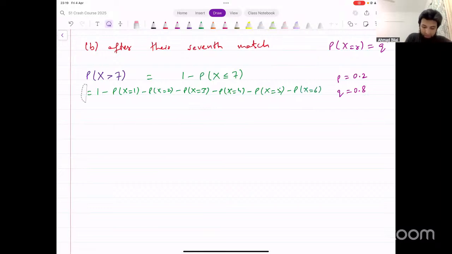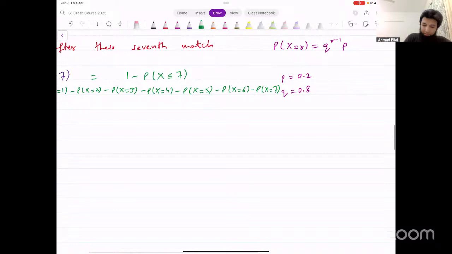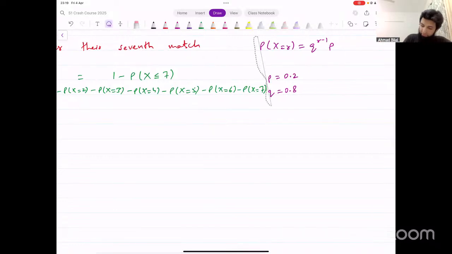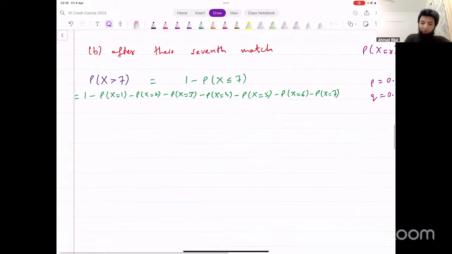You subtract all of these probabilities from 1, and you would get the result. That's one idea. But we can do it more efficiently. Now let's understand how exactly we can do that.